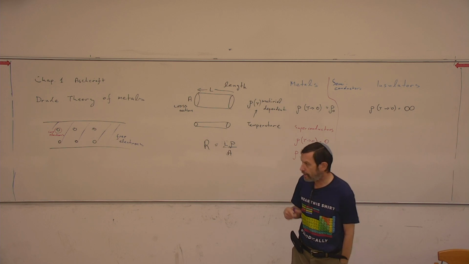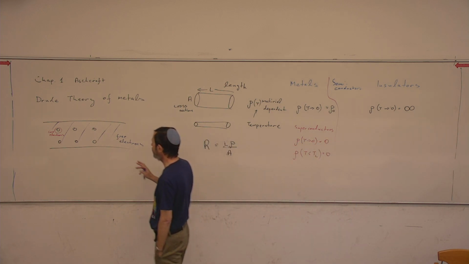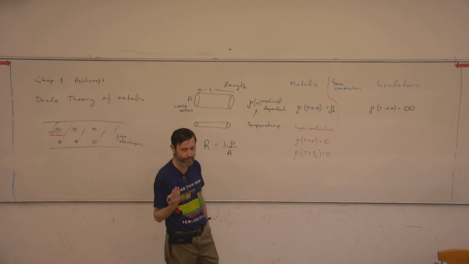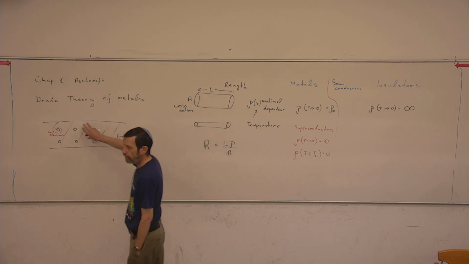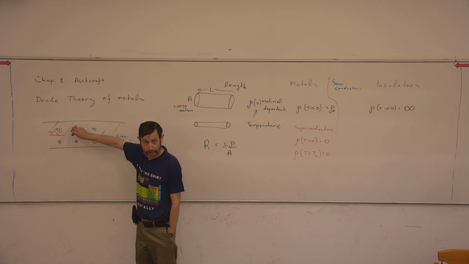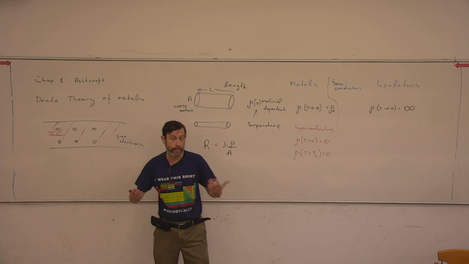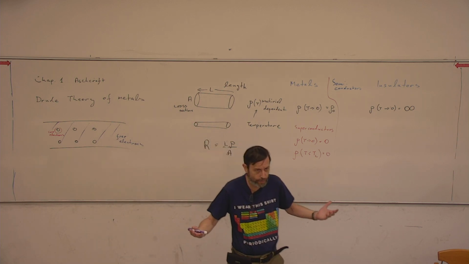We'll see. It's not completely crazy, because if we look on the average, we have here a sea of electrons, but we have also positive charges. We know that the metal in general is neutral.